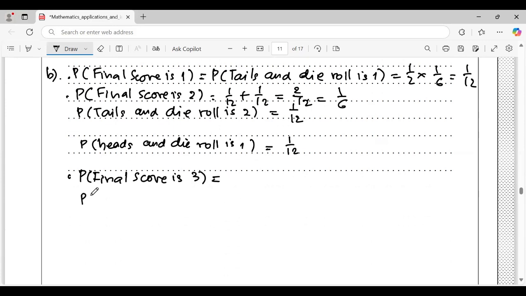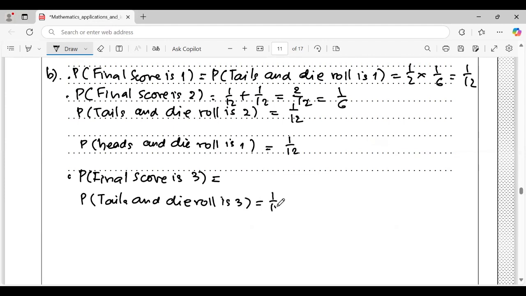So we need to find the probability of getting a score 3 if the coin shows tails. So tails and die roll is 3.